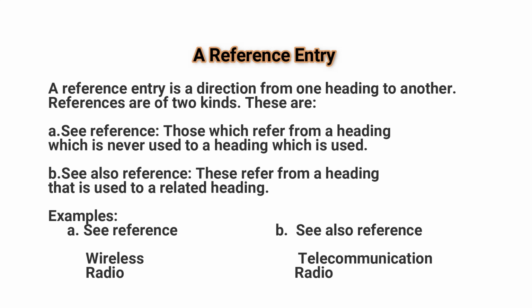See also references. These refer from a heading that is used to related headings. Examples: see reference, wireless, see telecommunication, and we have see also reference, telecommunication, see also radio, in the process of cataloging.